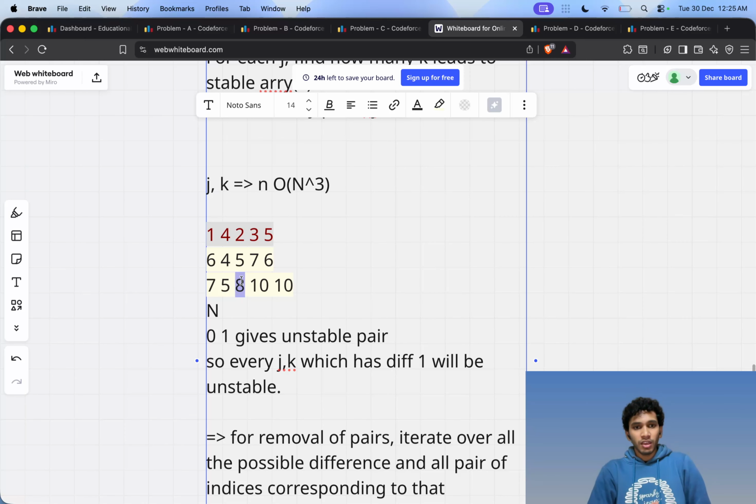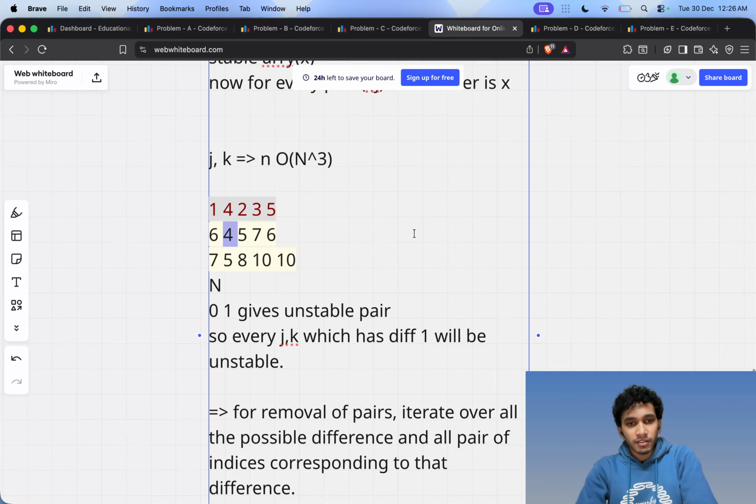This is the choice of j, and we found that later on with this difference we found an unstable pair. So this possible pair will not be correct. Similarly, this possible pair will also not be correct. Difference is 3, this is also having difference 3, so this is also not correct. So reduce 1 from the choices of k we have for each j. All right, that is it.